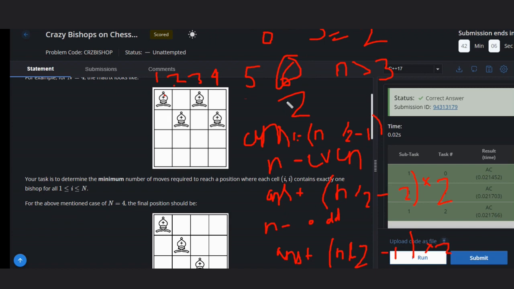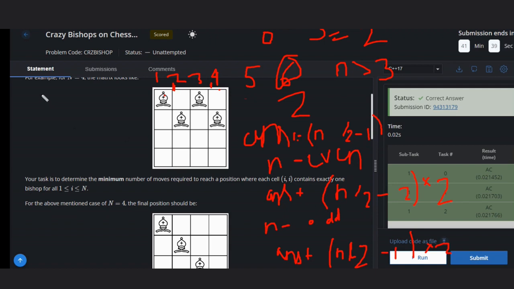Then we will consider only the fourth position. And for the odd case, we have to delete only one position, that is 2. The rest will all be considered, like 4 and 6. Let's see examples for 5 and 6, then you will understand better.